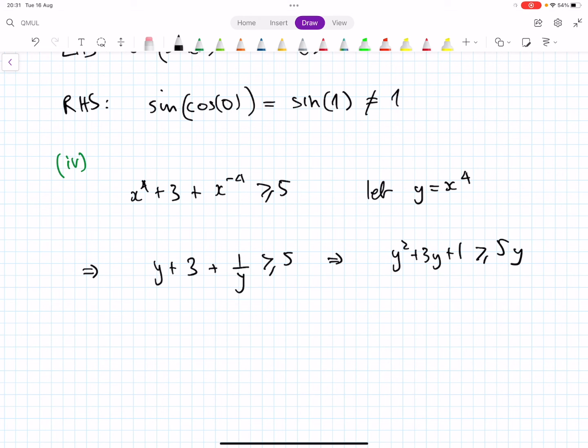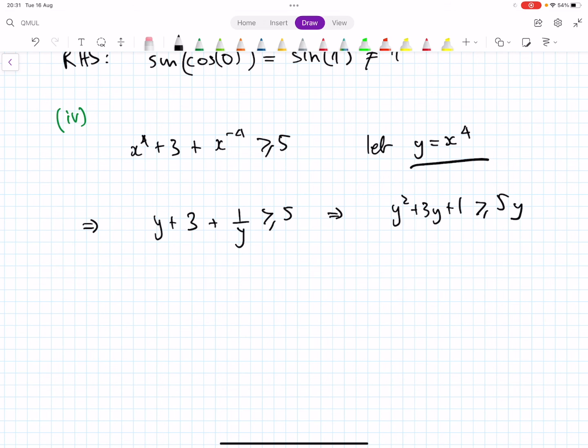We can multiply by y without worrying about the inequality sign, because y is a positive number. So that means we have y squared minus 2y plus 1 greater than or equal to 0. y minus 1 squared is greater than or equal to 0. Well, that's always true, isn't it? Because if y is 1, we get 0, fine. But anything else, you get something greater than 0. So the last one is true as well.